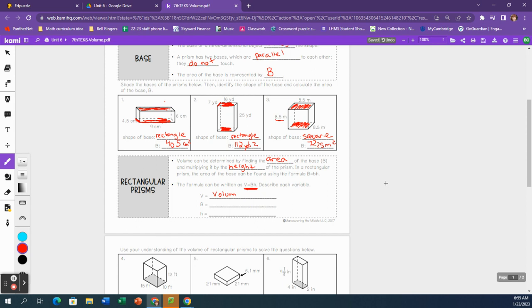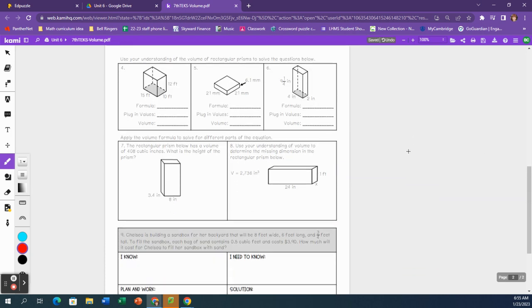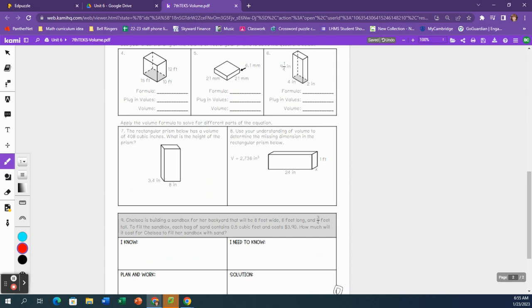Big V is volume of the prism. Big B is area of the base. And H is height of the prism.